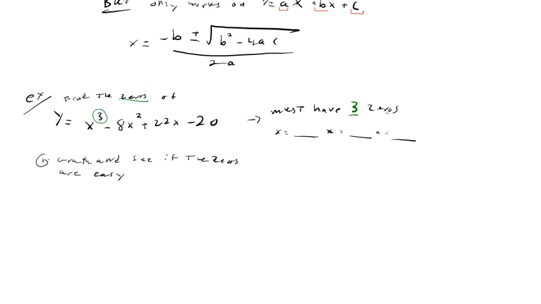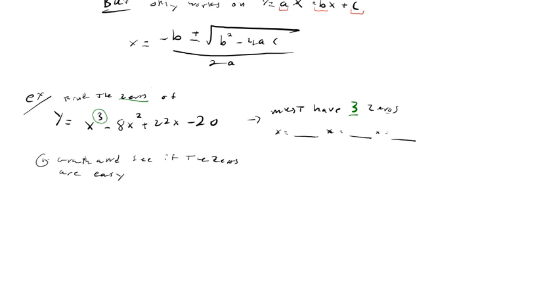I only have 1 zero right now. I need to find 3. Maybe this 2 is a double root or a triple root. Maybe there are some imaginary roots. I don't know. But I'm going to start with this 2 and figure out what the other roots are using some of the tools we have to break it down. All right, so I have 1 zero, x equals 2.